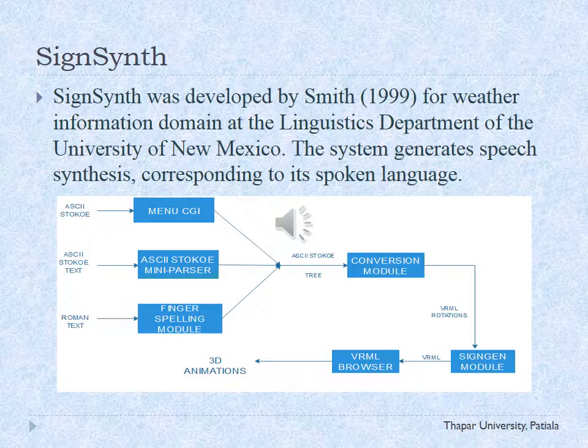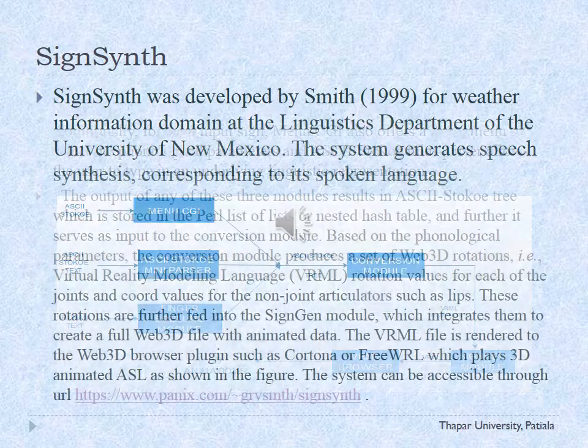It generates the keystroke tree, which then acts as input to VRML notation, and it is fed into the SignGen module, which further generates a VRML file for a VRML browser, and it helps in playing the 3D animation.